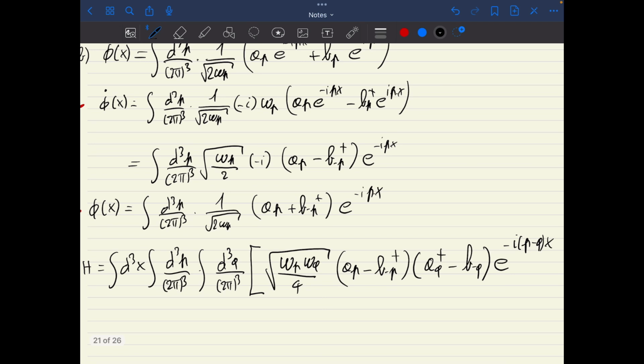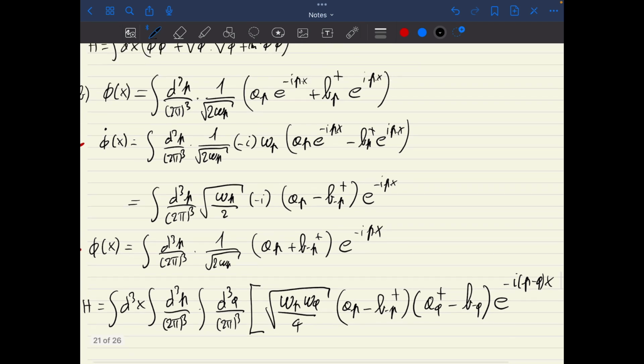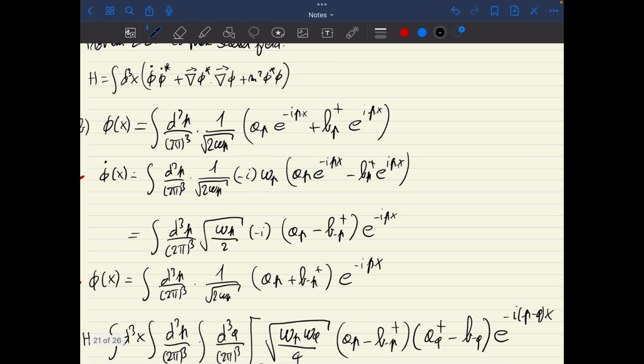Okay. Now the second term involves the spatial derivative of phi and phi dagger. So phi is here. We will use this expression. So the spatial derivative will just bring out a factor minus i p. That's it.